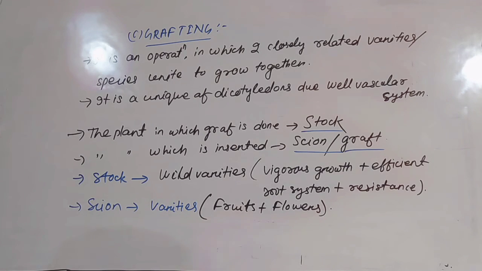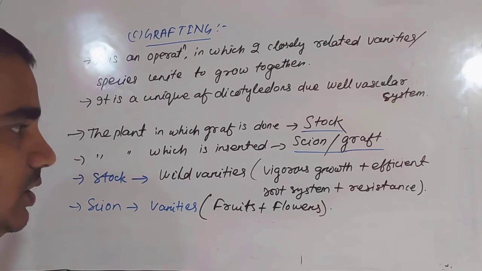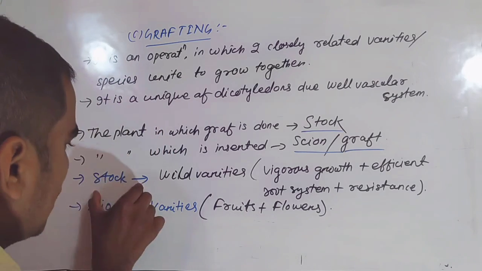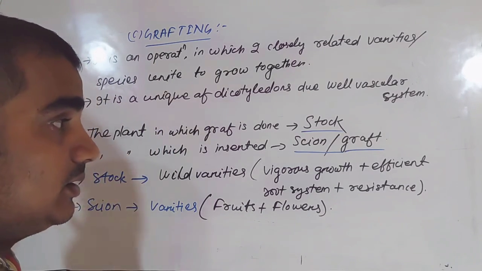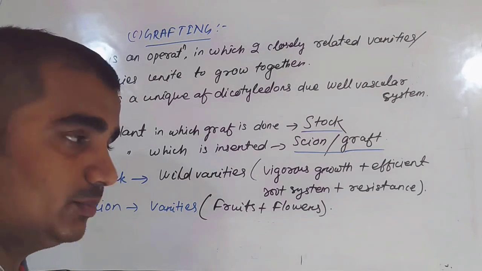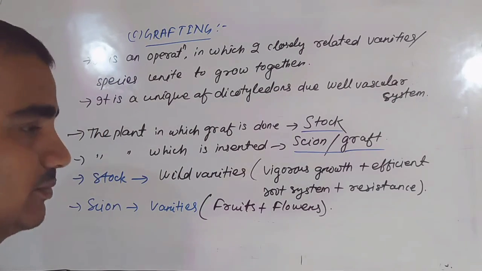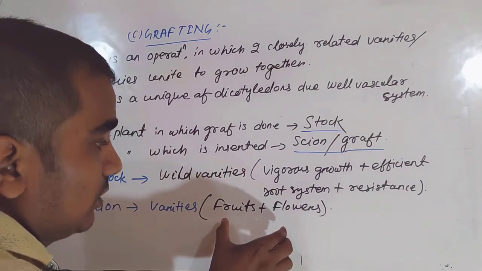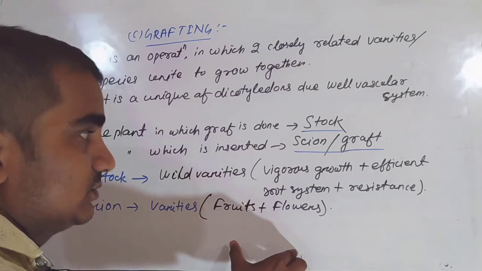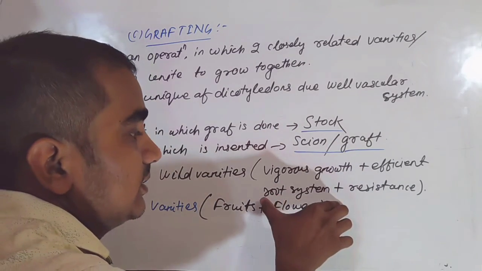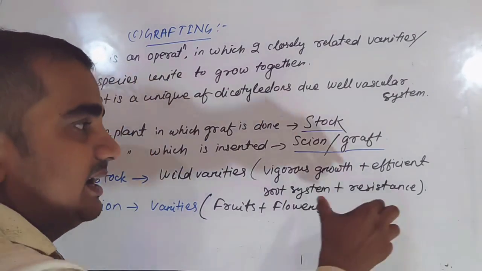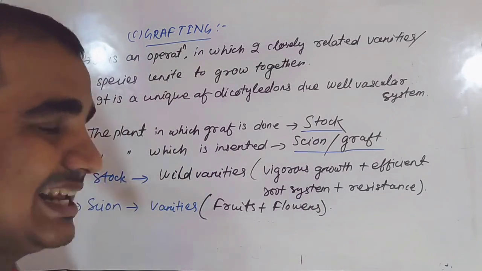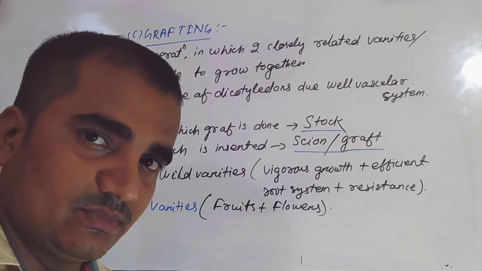Actually, grafting is done to transfer the genetic character from the stock to the scion. Now, suppose we have done the graft process. The new variety includes fruits and flowers with a strong root system and resistance power, through the transfer of genetic characters.